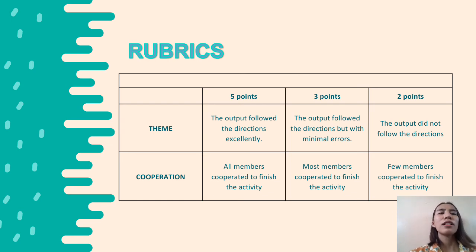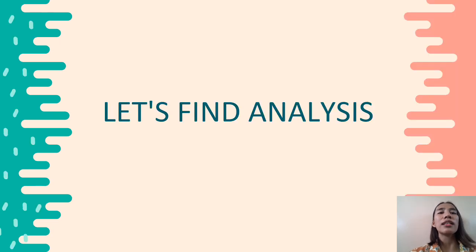So now, let's move to the analysis in our lesson. What do you think will happen if the organism cannot reproduce or it stopped to reproduce? What do you think will happen? Anyone, class?